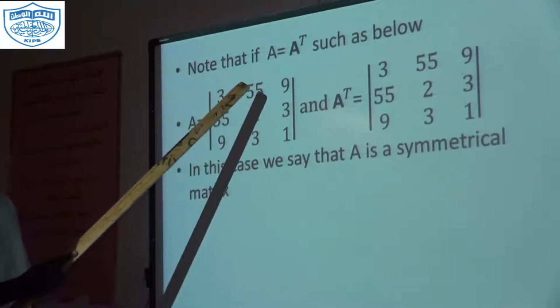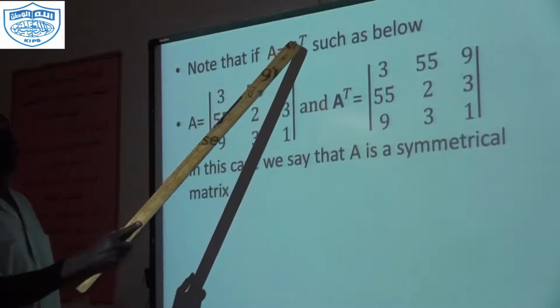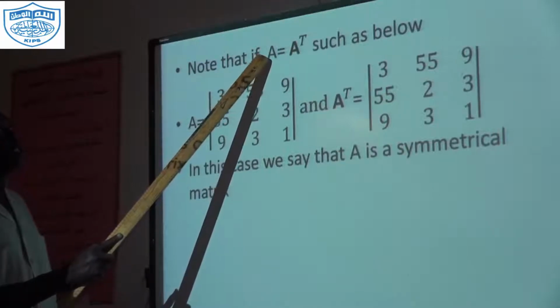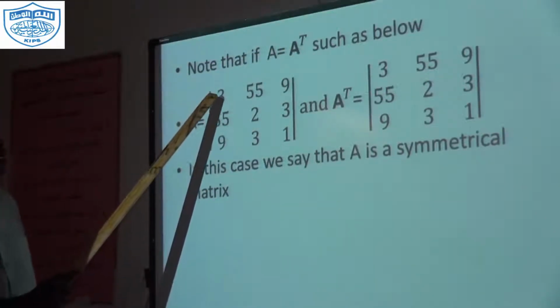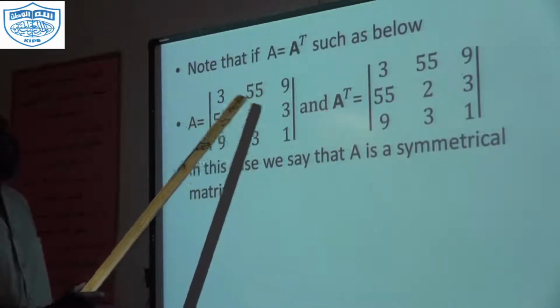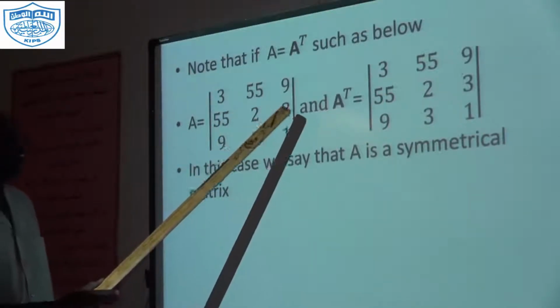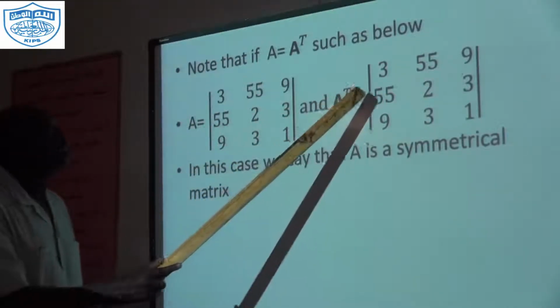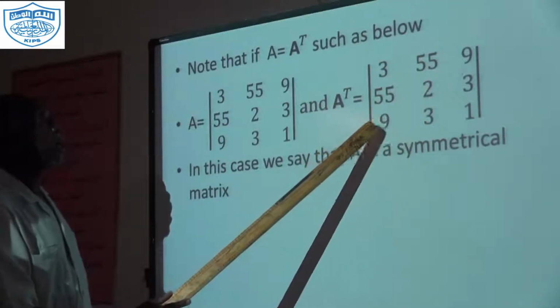Now if the matrix A equals A transpose, as below, A equals 3, 55, 9, 55, 2, 3, 9, 3, 1, and the transpose of A is 3, 55, 9, 55, 2, 3, 9, 3, 2.